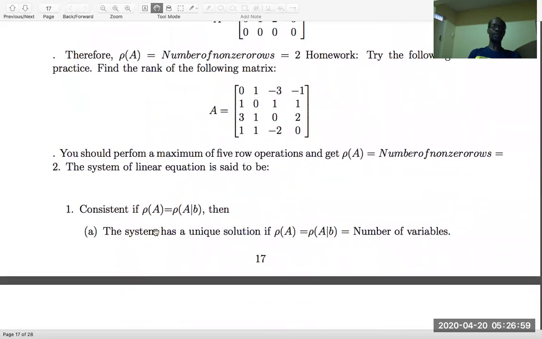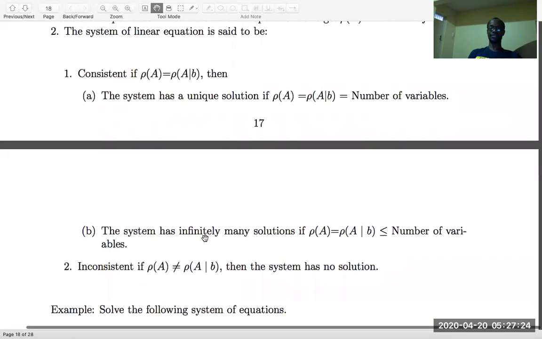When is the system of equations said to be consistent? If the rank of A is the same as the rank of the augmented matrix, then the system has a unique solution. So if you get the rank of the matrix A itself, and the rank of the matrix A with B, which is this augmented matrix, and they are equal, then we say that the system has a unique solution.